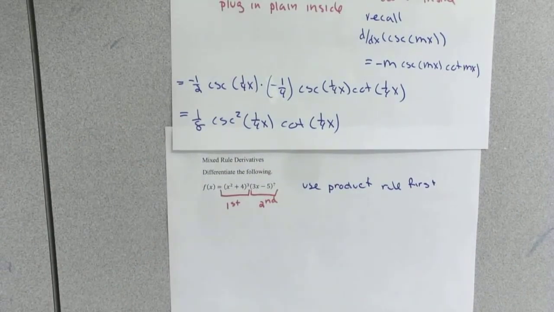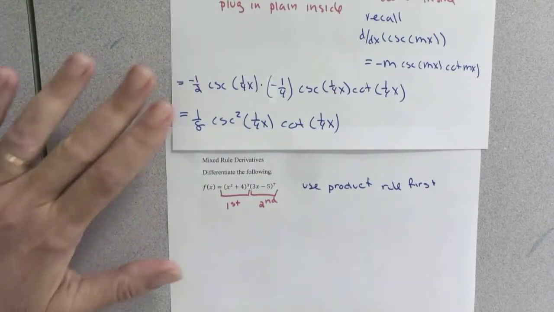I'm choosing the product rule first because I can describe the entire problem as this times this. There's a first factor and there's a second factor. And so since I can describe the entire problem by saying first times second, I start with the product rule.